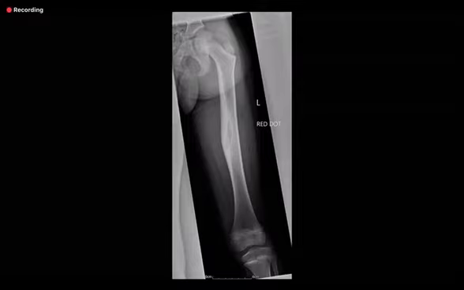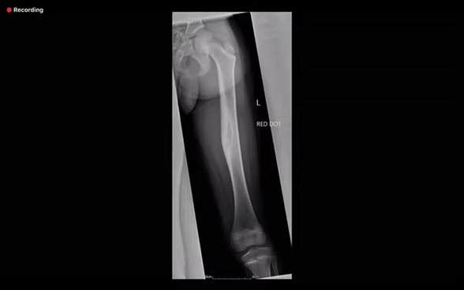I can just see smooth cortical thickening surrounding this lesion. There are no other abnormalities that I can see. Overall appearances are of a non-aggressive bone lesion. Given the associated cortical thickening present in this radiograph, my top differential would be an osteoid osteoma. I'll correlate with the history to see if the patient has night pain and if it's relieved by aspirin, and I would recommend CT evaluation to look for a nidus.